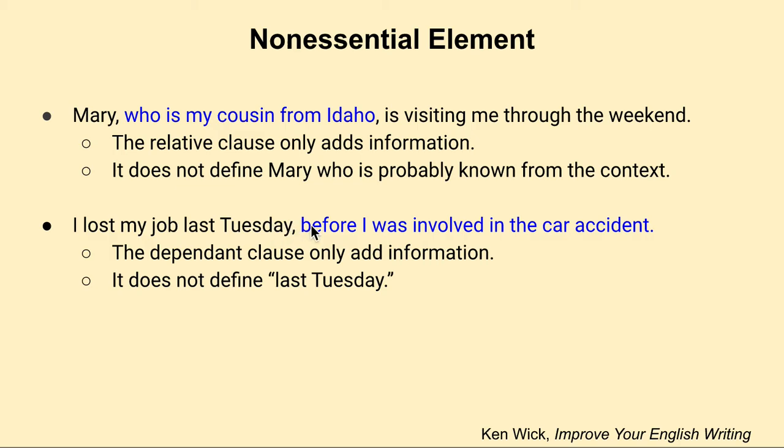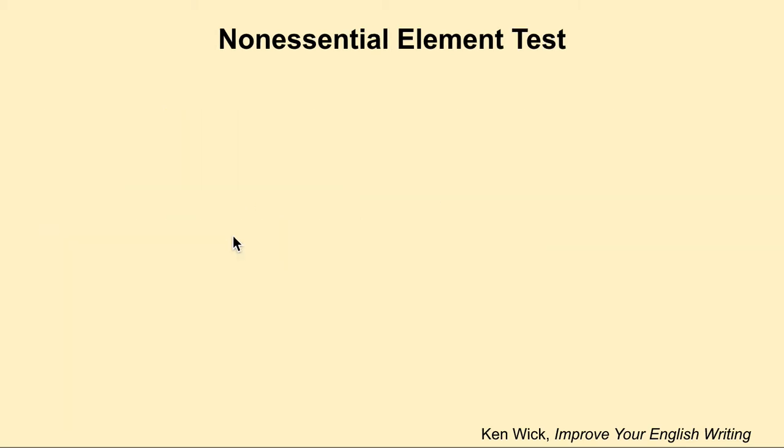Now, I got to say, most people would write this without the commas. Well, since it is non-essential, and we know the fundamental rule is you separate it with punctuation, most people would probably write this without the comma. And I would myself probably write it without the comma, even though technically it is non-essential and needs a comma. But what we're really concentrating on here is that it's non-essential because this dependent clause does not define last Tuesday.